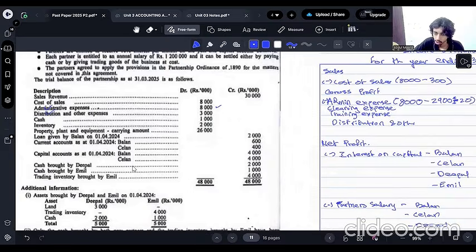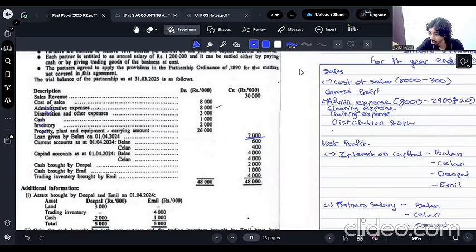Okay. Then next, cash, we don't need. Inventory, PPE, loan given by Balan 2,000. And we didn't come across any interest, right? Then if they are silent, we have to give 5% based on section 24. 5% of 2,000 is 100.